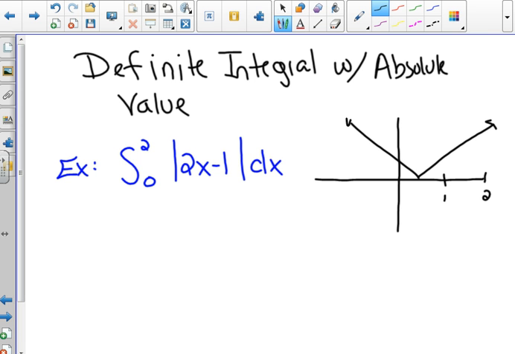Here's my absolute value. What we're going to be looking at is how to find the area from 0 to 2. What we have to take into account here is that because you're dealing with an absolute value, it's kind of split up.